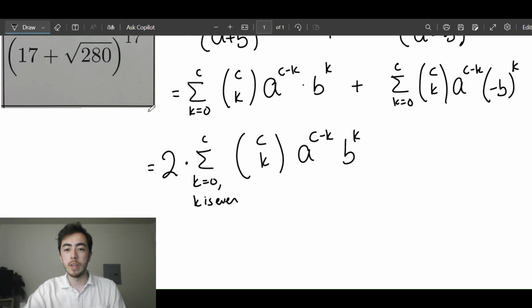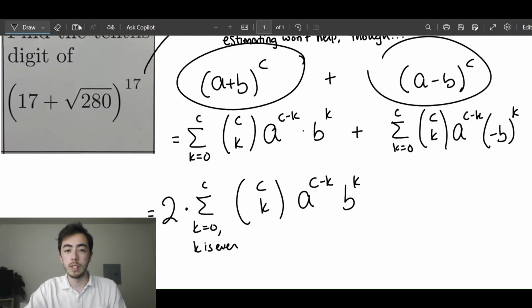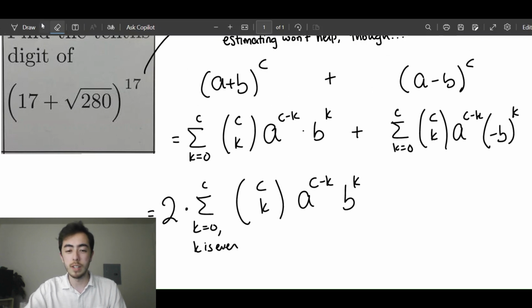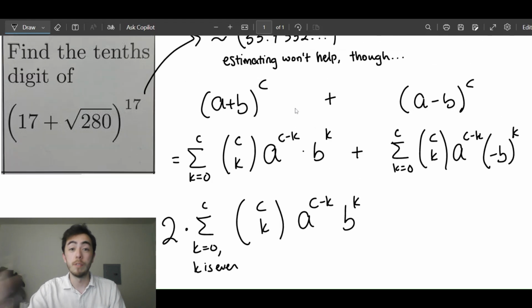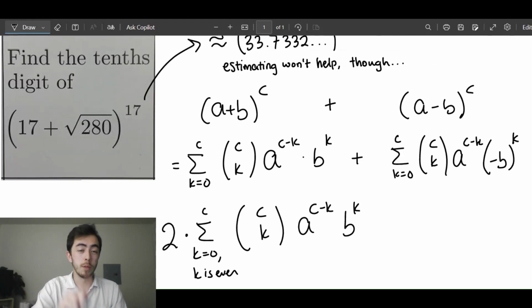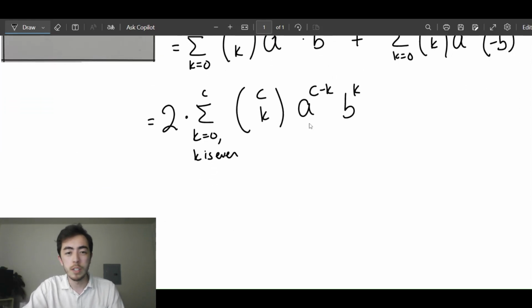And so now when we add this binomial theorem to that one, we're going to get whatever sum I have down here. And essentially, the really important part that I want to prove is that this is always going to be an integer. Because, for our specific problem, this is also always going to be an integer. If you assume that a and b are integers, then great.